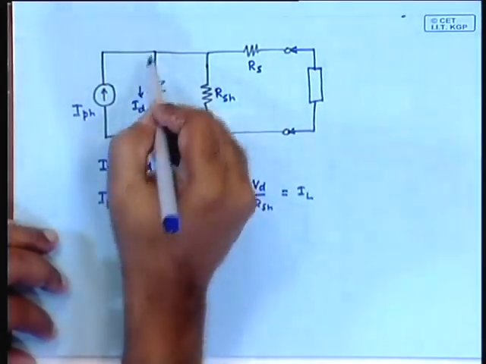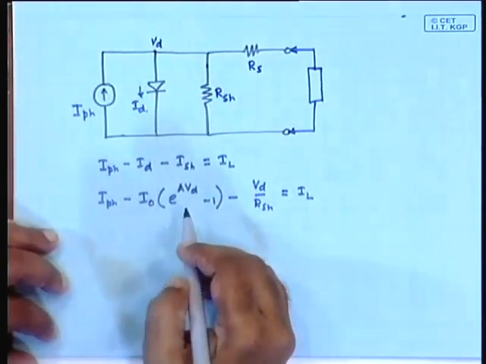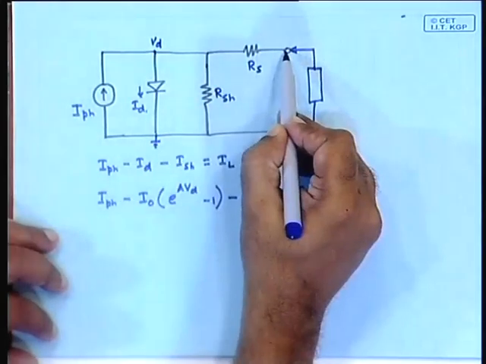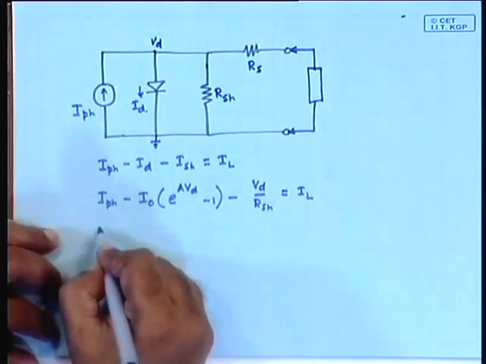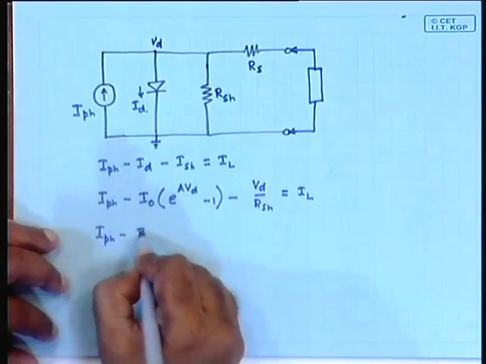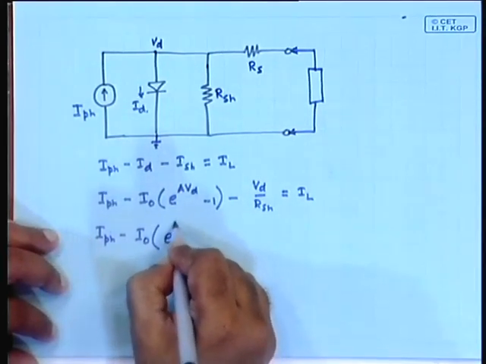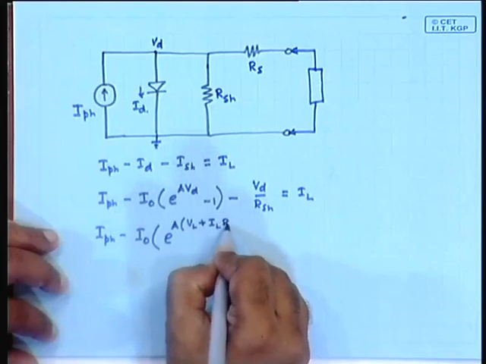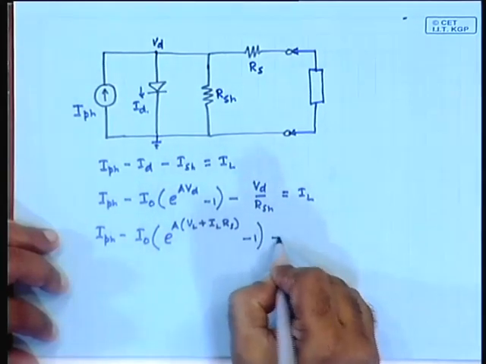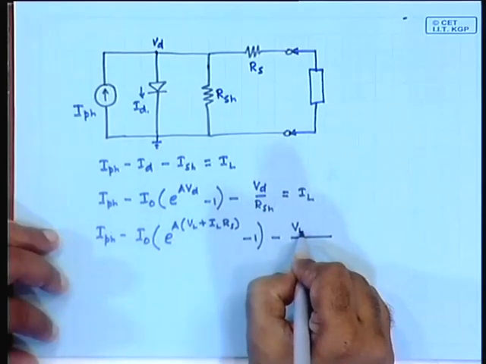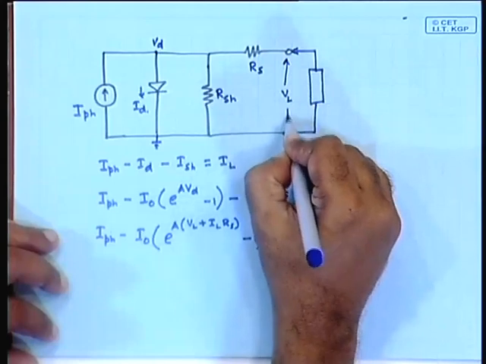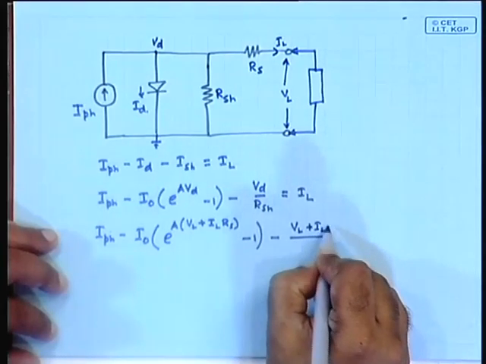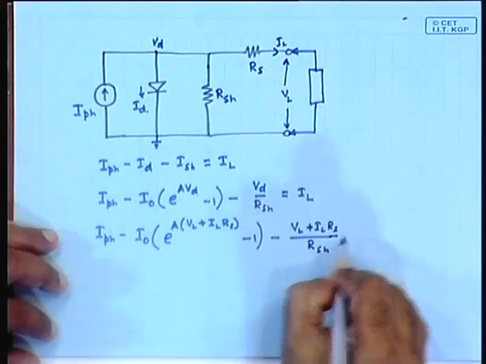We need another bit of expansion because Vd is the diode voltage, with this point assumed to be ground, and so the diode voltage has to be expressed in terms of the load voltage, which is IPH minus I naught e to the power a, now VL plus ILRS minus 1, minus VL, where VL is the load voltage, and here is the load current, plus ILRS by RSH is equal to IL.